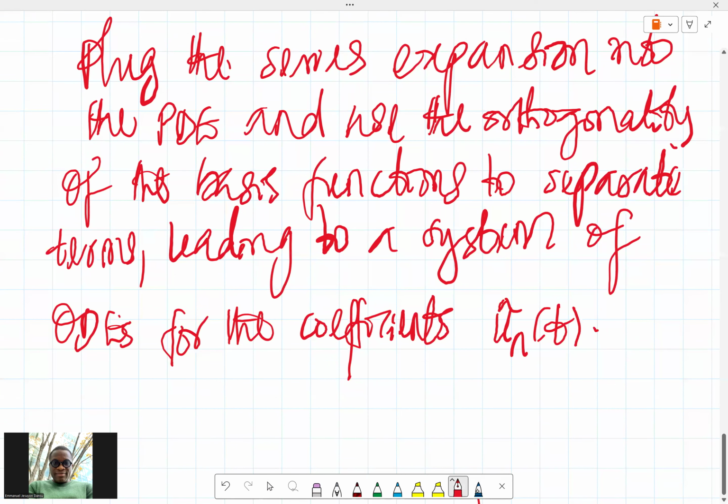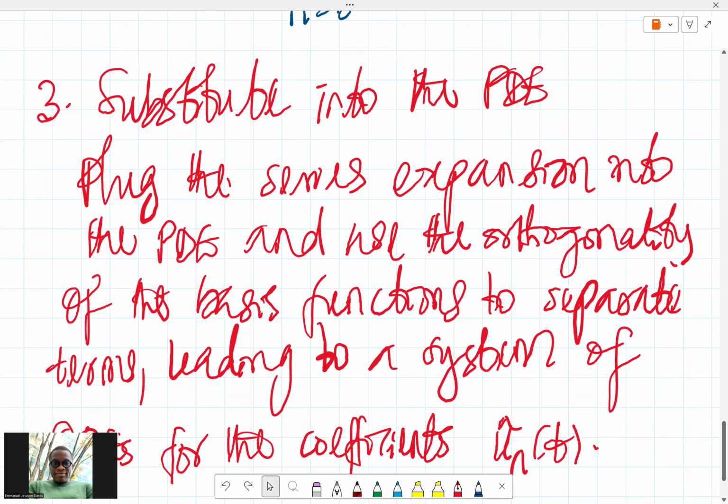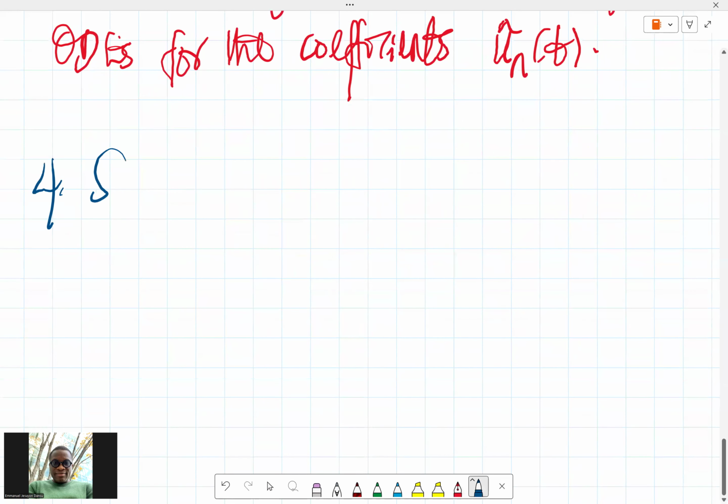And then finally, step 4, solve for the coefficients.